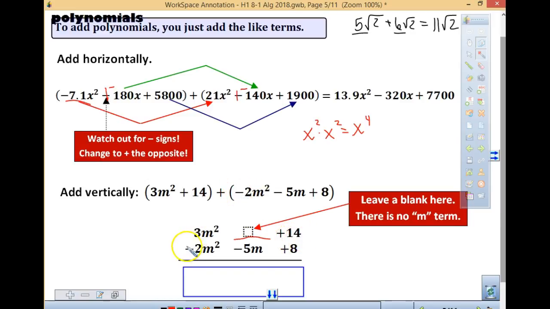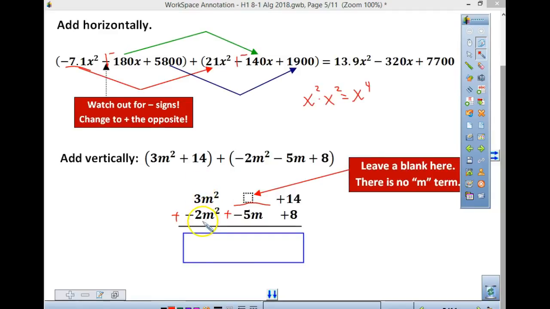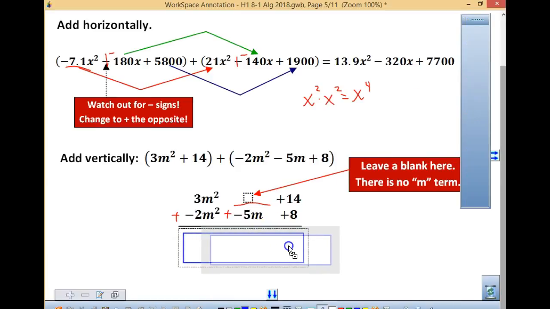Then we are adding negative 2m squared, negative 5m plus 8. And again, if it helps you to think of this as plus a negative, and then you have a positive here. So now as we are adding, 3 plus negative 2, I'm going to end up with m to the second.